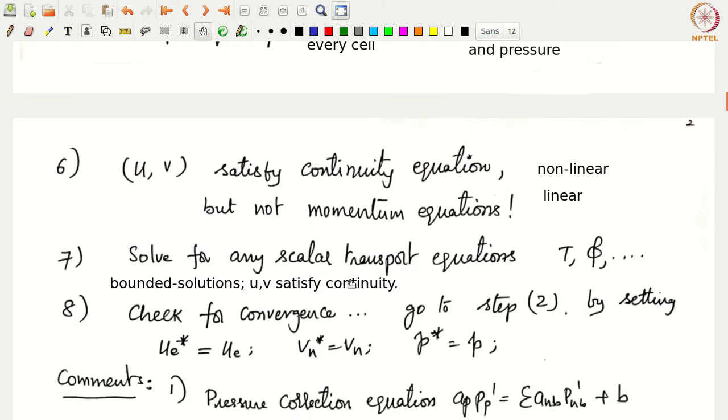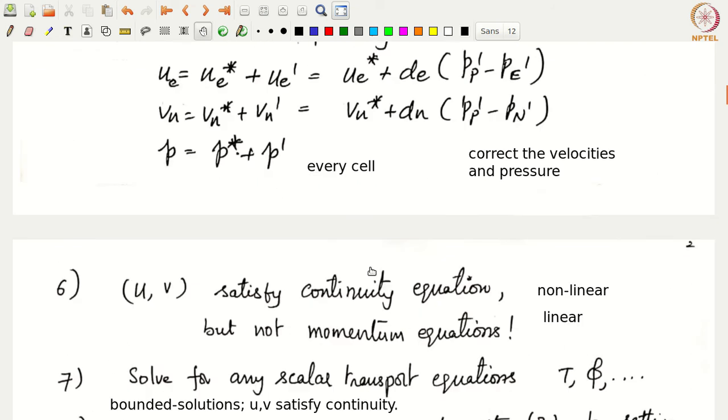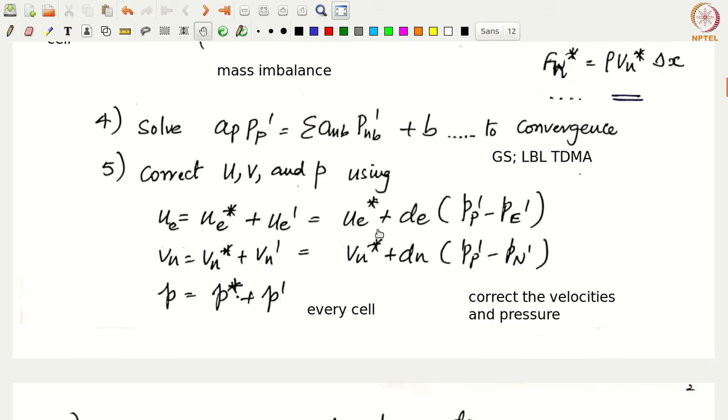Once we solve for all the scalars, we know that of course we have not reached convergence yet. Then we check for convergence. What do we mean by checking for convergence at this stage? You check with the original u star and v star that you started off with, which were whatever values you had guessed. You compare that with whatever u, v you have obtained here.